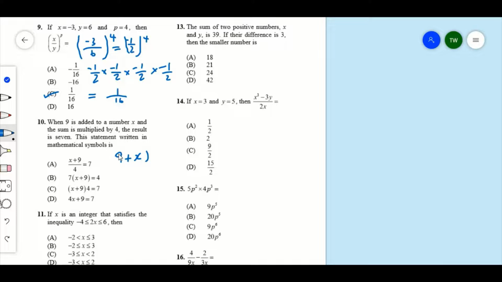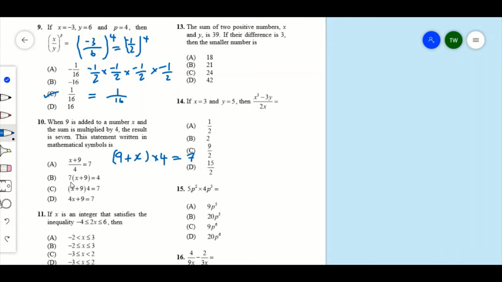And we must put that in a bracket because they say the sum is multiplied by 4, so that's going to be times 4. The result is 7, so it's going to be equal to 7 because is means equal, right?